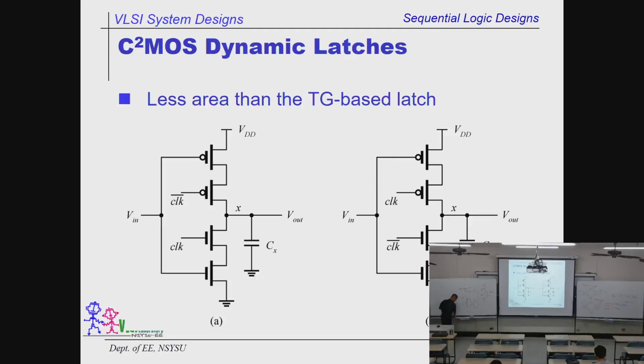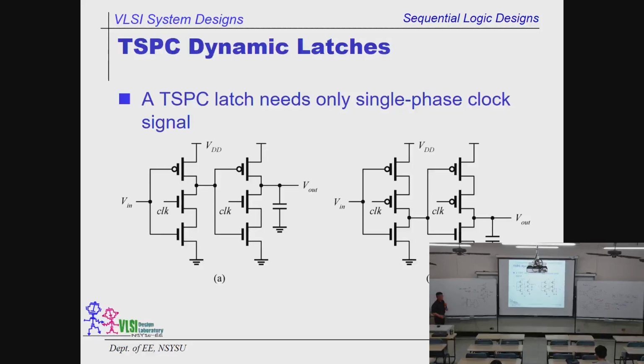Then the people who invented the TSPC said, we don't want clock bar. They simply take this one away. Then if we take this one away, that means we don't need this anymore. Then there is no risk to turn on both of the transistors in the pull up and pull down path. So this is why the TSPC is so welcome.